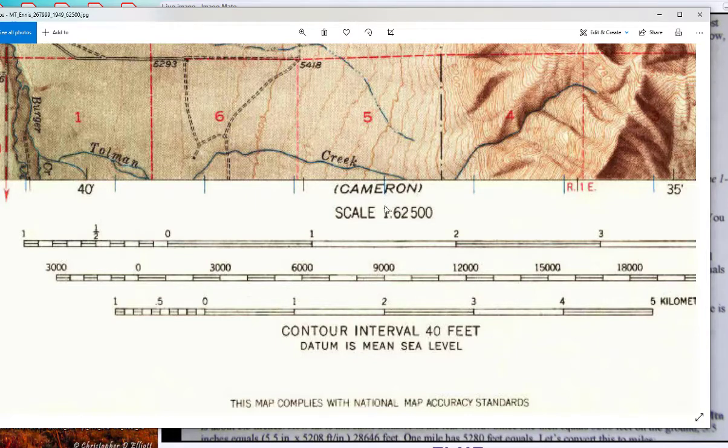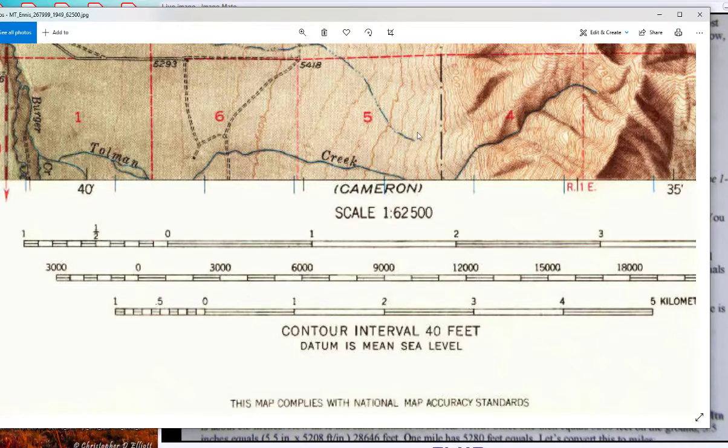So every inch or centimeter you measure on this map is equivalent to that same number of units on the ground. For example, if I measure 1 centimeter on this map, I'm really measuring 62,500 centimeters in the real world out on the ground. Usually we do inches.